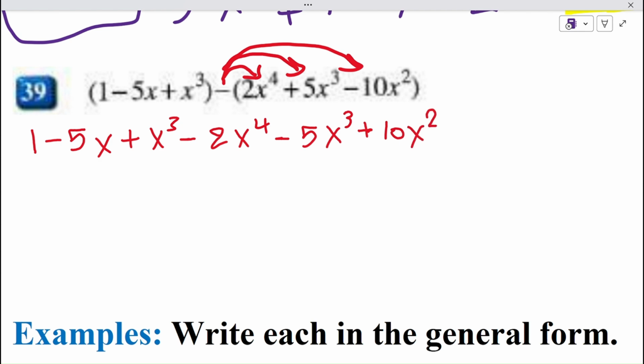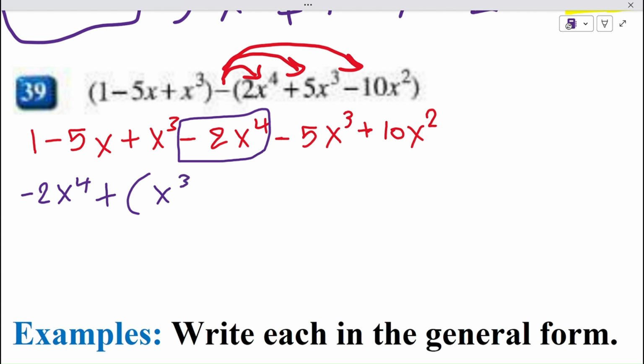Then let's choose the terms with the same exponent. Here we have just 1x to the power 4, so write this term first: minus 2x to the power 4. Then look at the other ones. After x to the power 4, we have x to the power 3 and x to the power 3. So combine them: x to the power 3 minus 5x to the power 3.